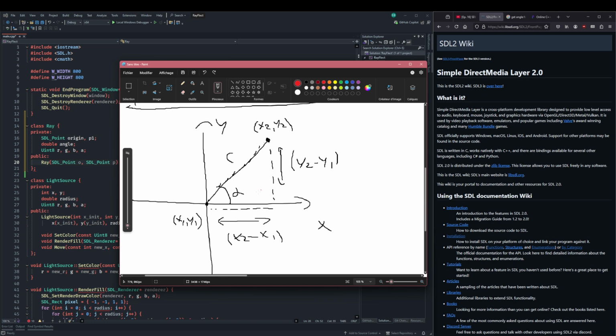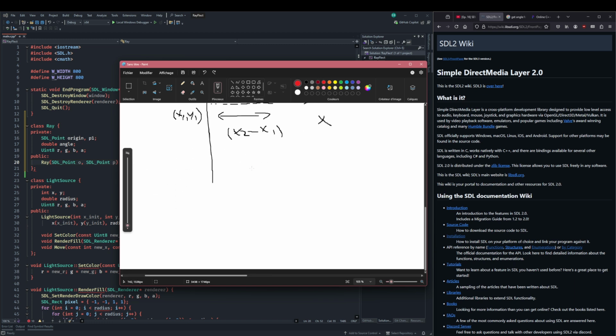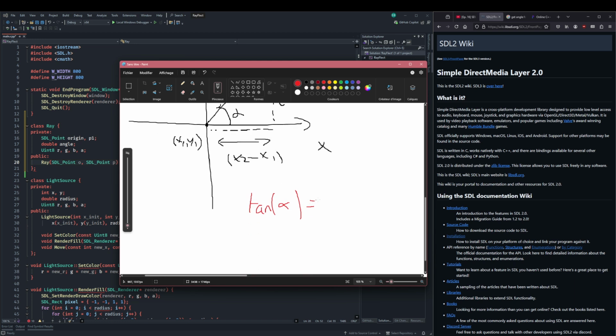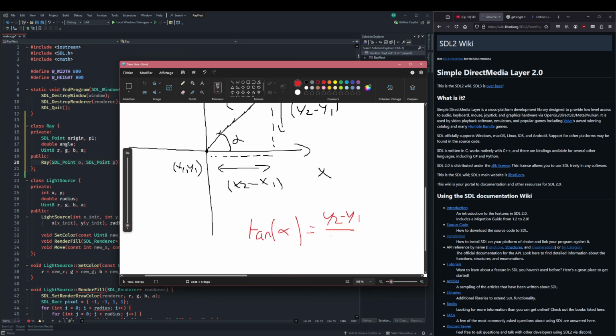And so if we look at trigonometry, here with alpha, we have a tangent. So tan of alpha is equal to the opposite side, y2 minus y1, over the adjacent side, x2 minus x1.